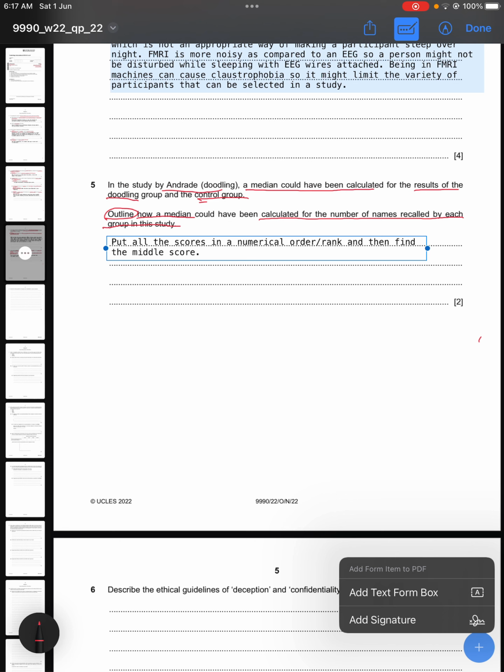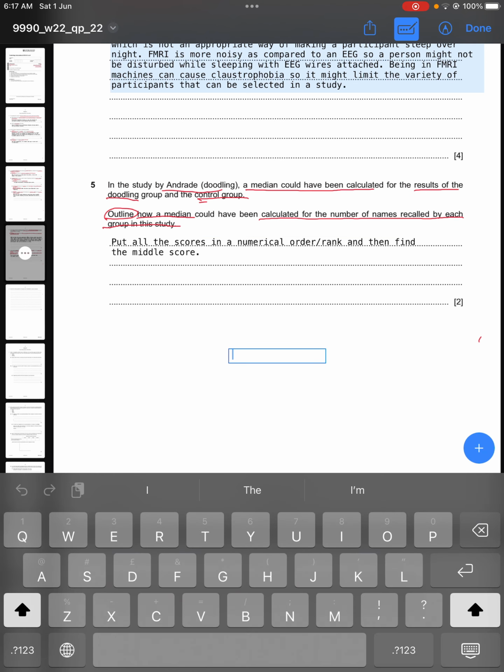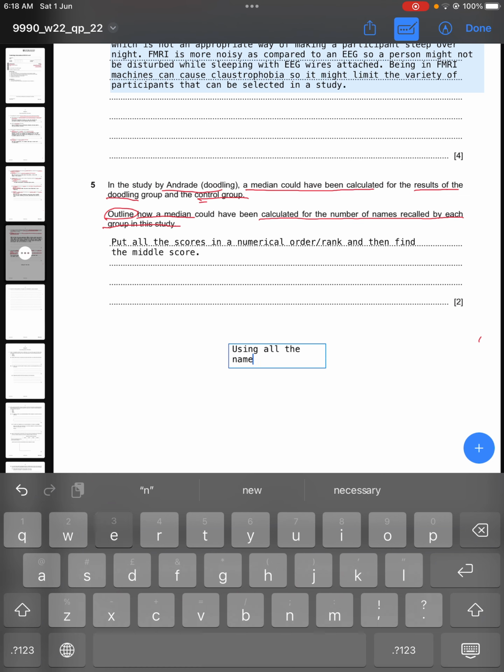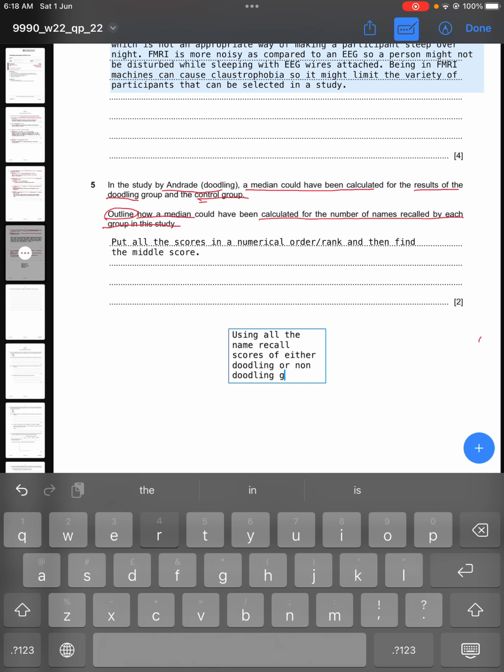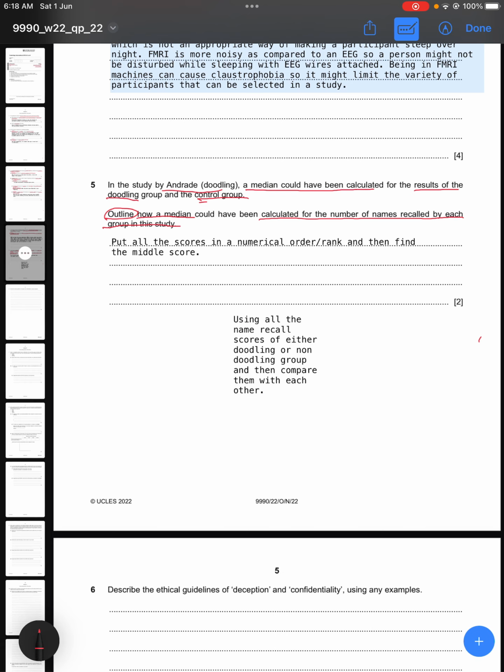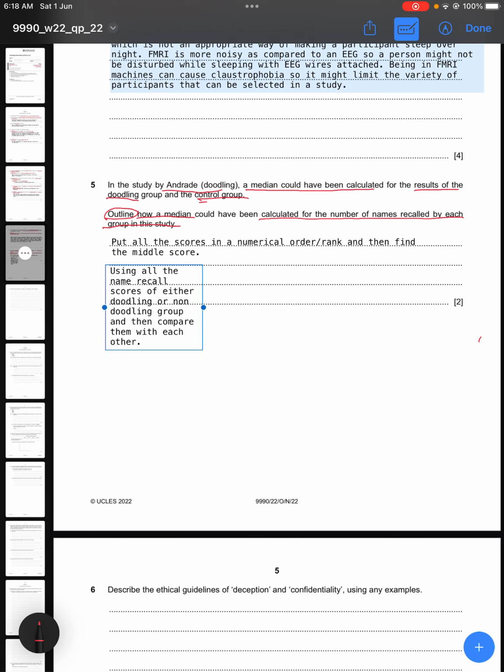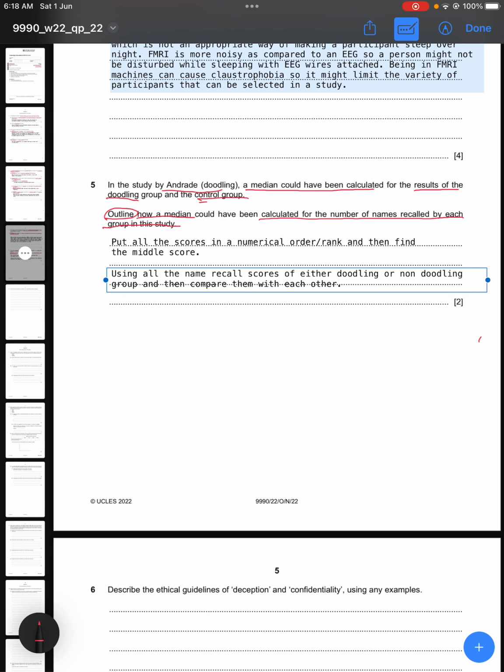This is the description of the median, and over here, using all the name recall scores of either the doodling or non-doodling group, and then compare them with each other. This is how medians could have been calculated in this study.